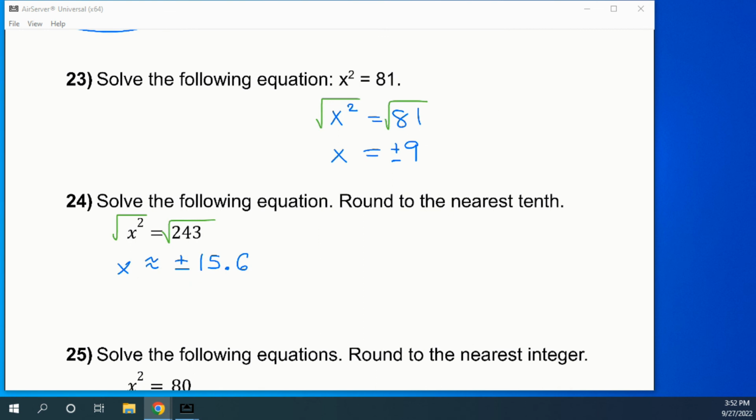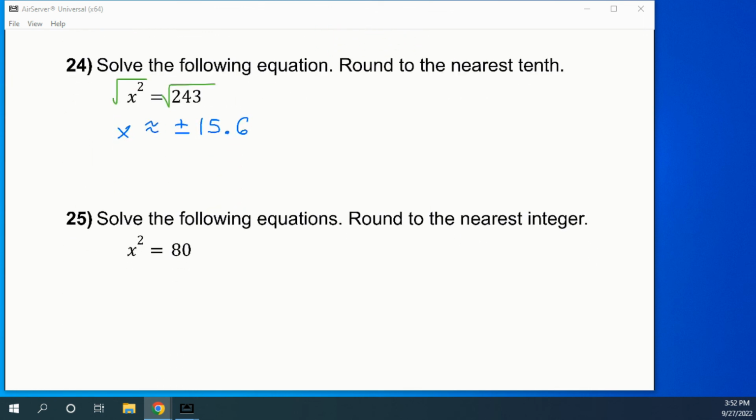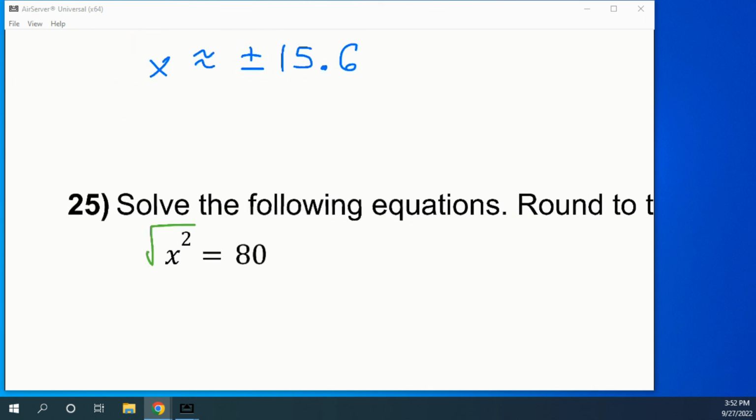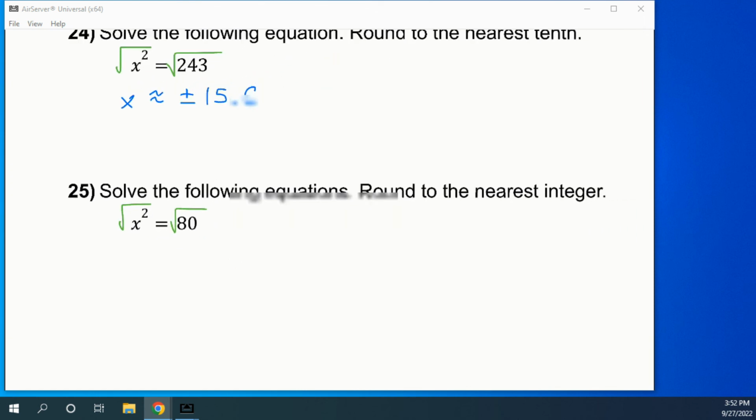Number 25, the last one we have here. Solve the following equation. It's only one equation, but that's okay. We are going to take the square root of both sides. It says round to the nearest integer, so we are going to have to round. The square root of 80 is close to the square root of 81, which is 9.